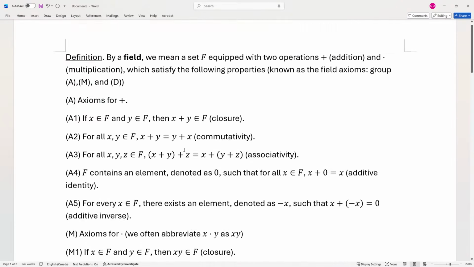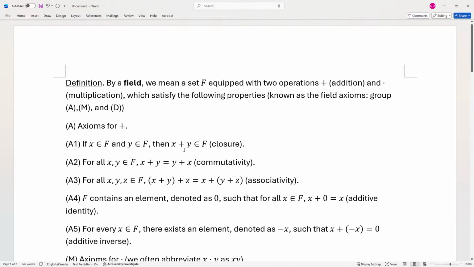So it's not just required that an ordered field is an ordered set and a field separately. We also want these structures to interact. Basically, we want the order relationship and the arithmetic operations to work in the way we expect. So that means we need some extra requirements as well.